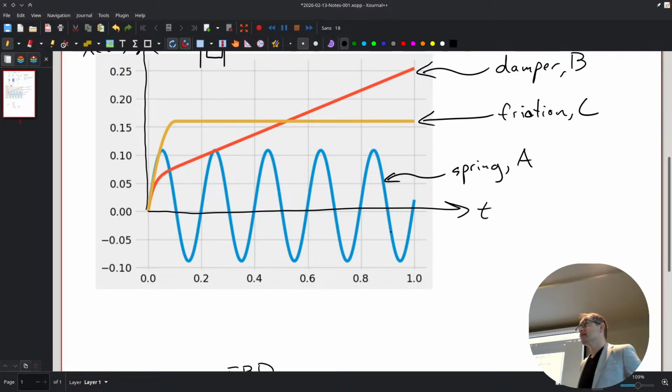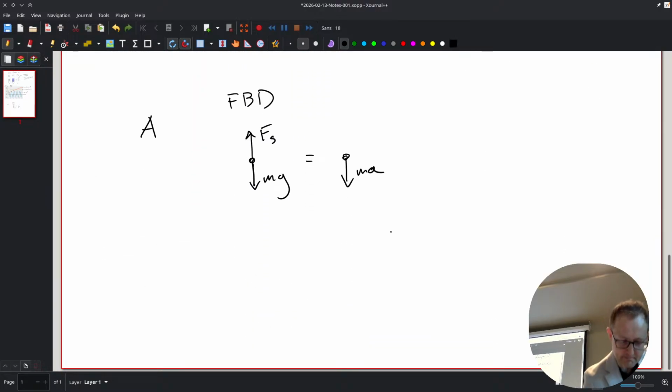One small thing is that we did figure it out, but did we write out the differential equations for the damper?